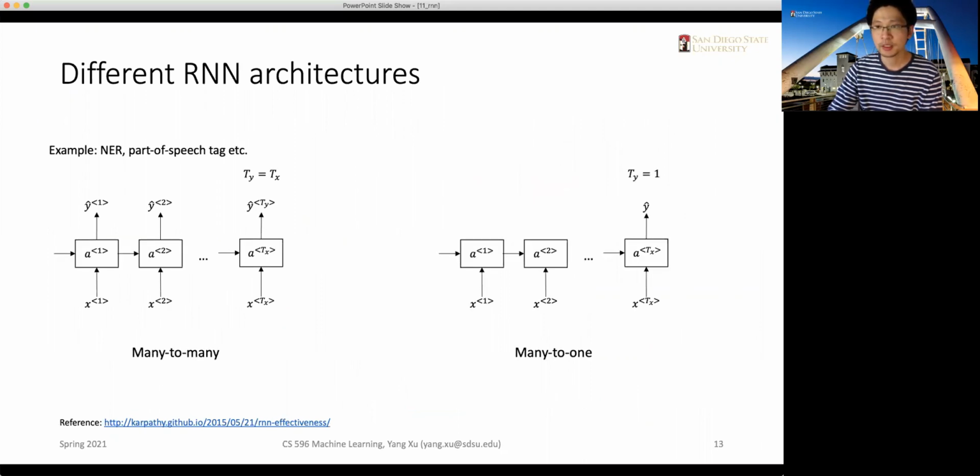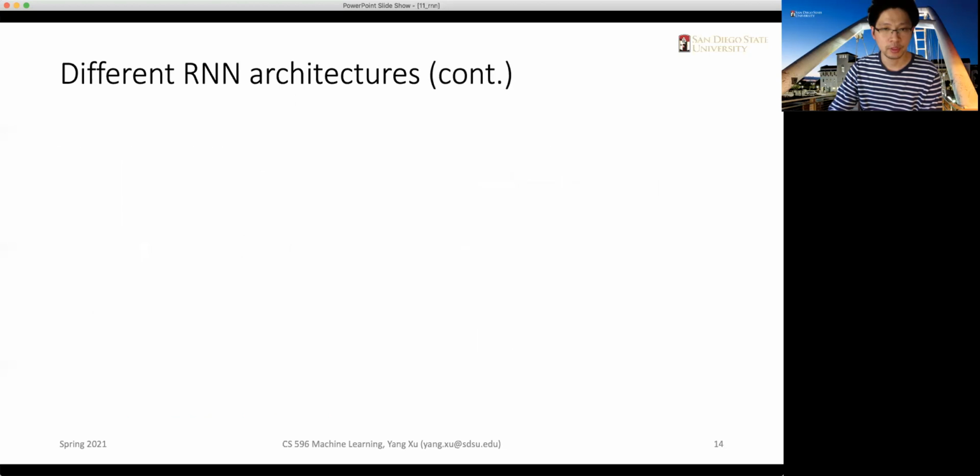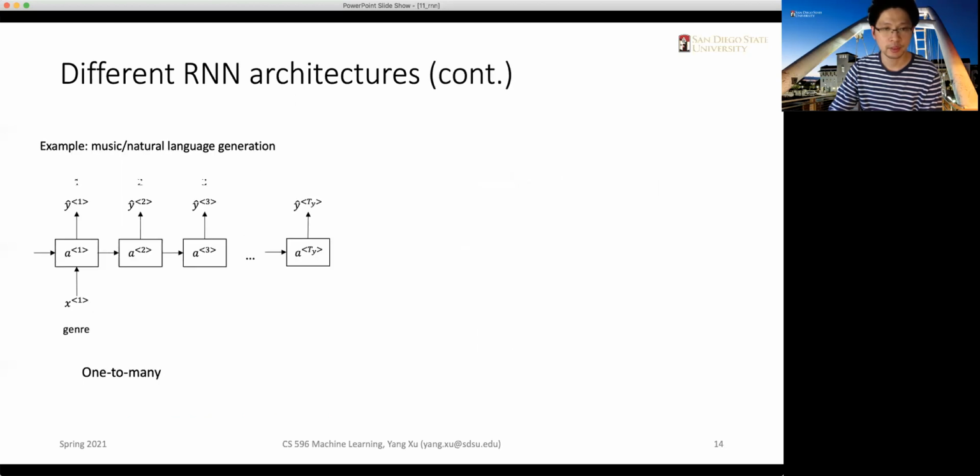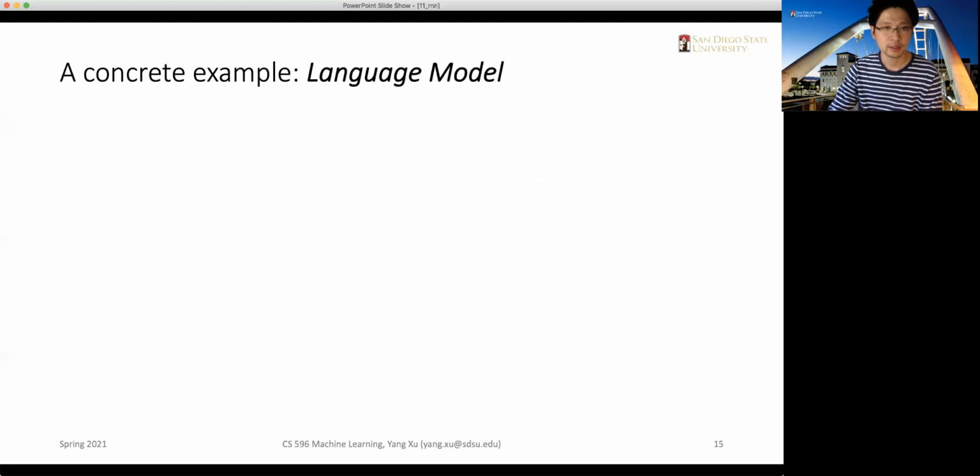All right, today we are going to go through a complete example for a language model. And if we have time, and I think we will, we will go through the next section on the gated recurrent unit.